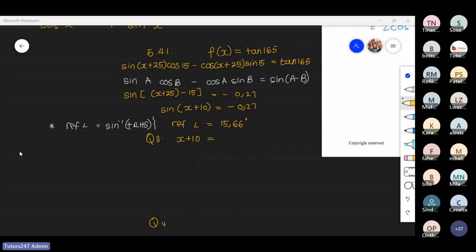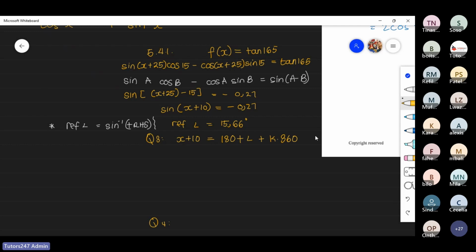You identify which quadrant you're using, and then you put that quadrant's reduction formula plus k times 360. 360 only works for sine and cos. If it's tan, you have to say plus k times 180. So our reduction formula within quadrant 3 is 180 plus the angle, then plus k times 360.